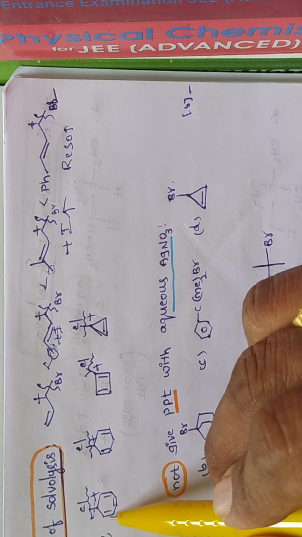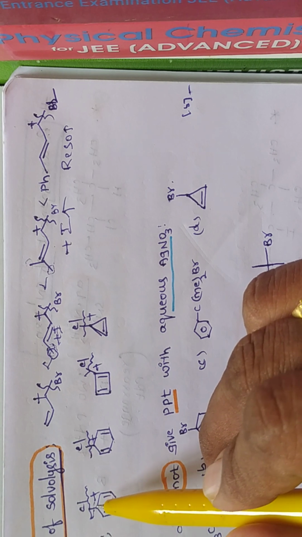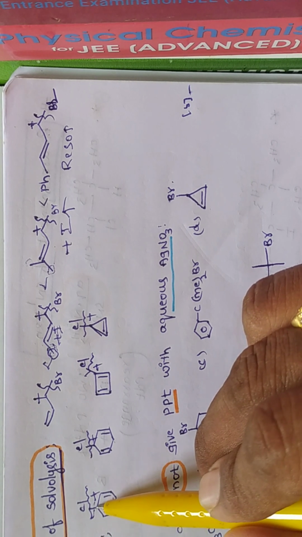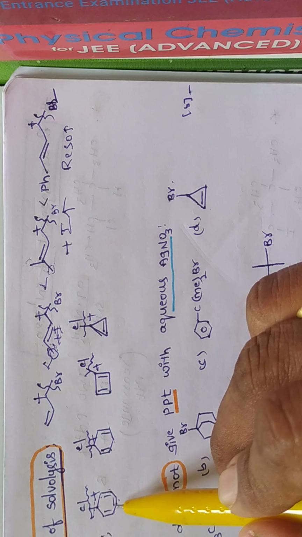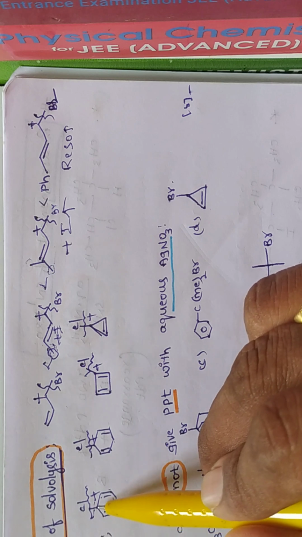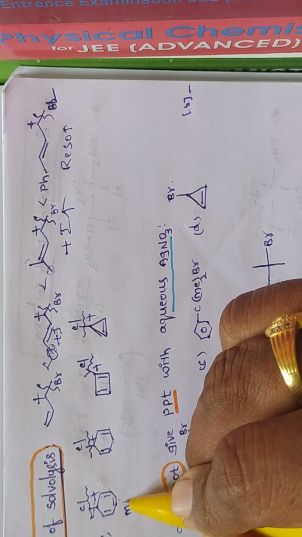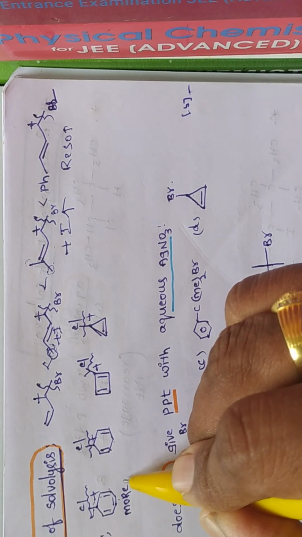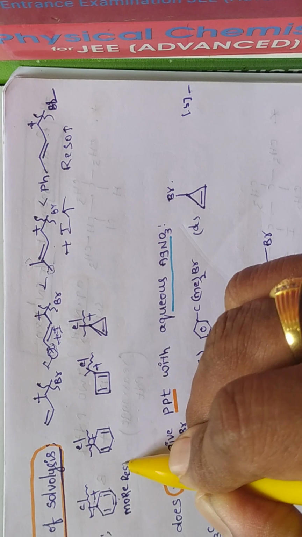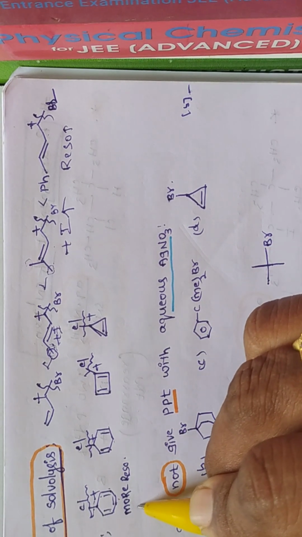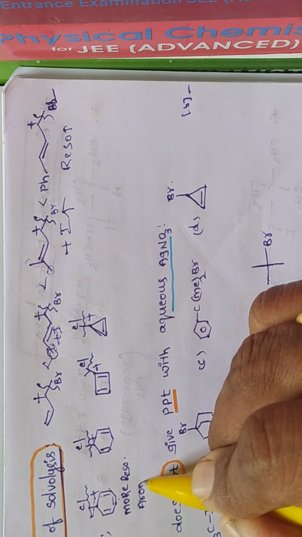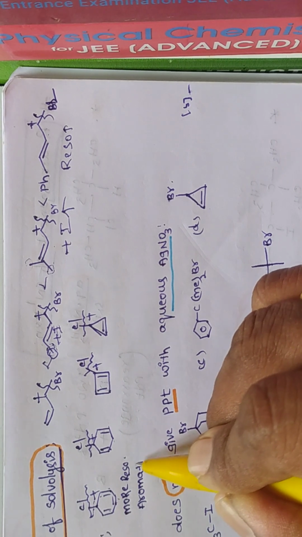Now this carbocation is called a cycloheptatrienyl cation. You know, positive charge, single bond, double bond, single bond, double bond, single bond, this one. So here we are having more resonance, and that too this compound is called an aromatic compound. Why is it called an aromatic compound?